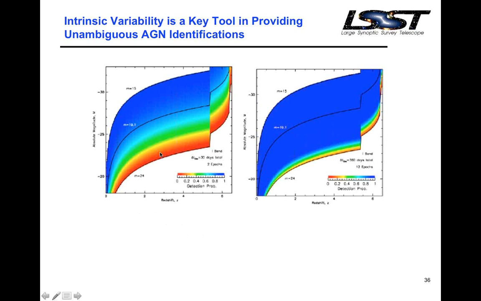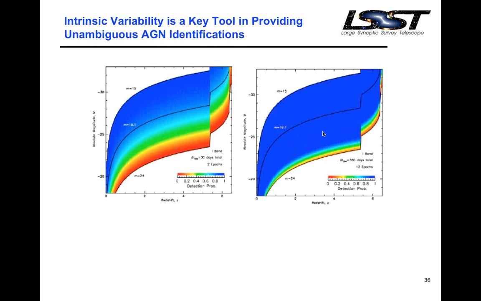Now, if you only have a few visits, you get the plot on the left, and you can see you're still able to tell that most objects are AGNs, but as you get down to fainter magnitudes and higher redshifts, it becomes a little bit more unclear. On the other hand, if you have the full sample of many, many visits and exposures, as we have on the right, then essentially we have unit probability for unambiguously detecting the system.